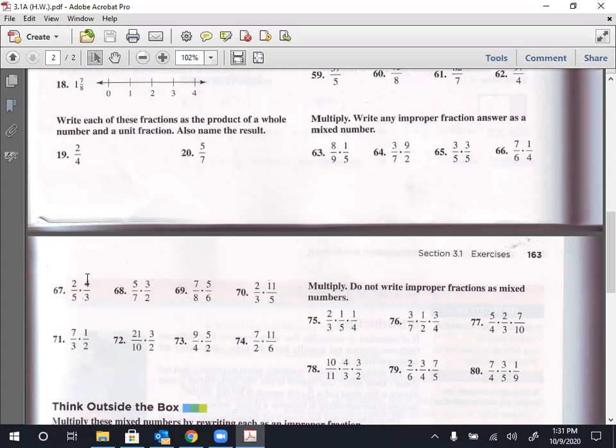All you're doing in 75 to 80 is multiplying straight across. That's a piece of cake. And then I think you have to do 81 and 83. So scroll up and I can show you that.